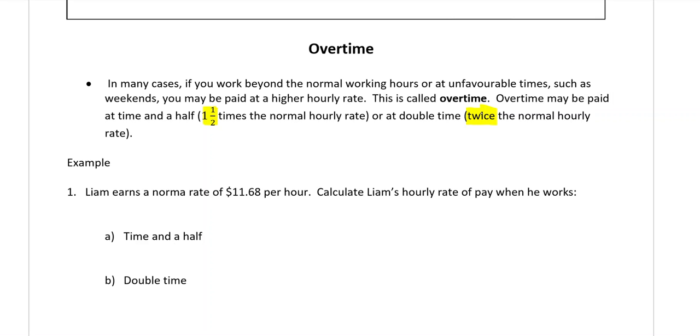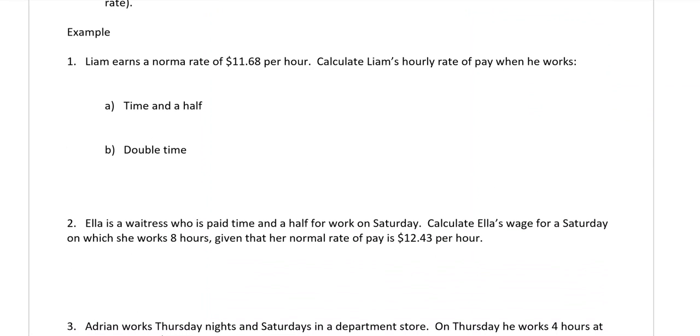So if we look at question 1, Liam earns a normal rate of $11.68 per hour. Calculate Liam's hourly rate of pay when he gets time and a half. So I don't know how many hours he's going to work. I just want to know how much he's going to get per hour. So what we do is we take his normal pay, and time and a half can be written as 1.5.